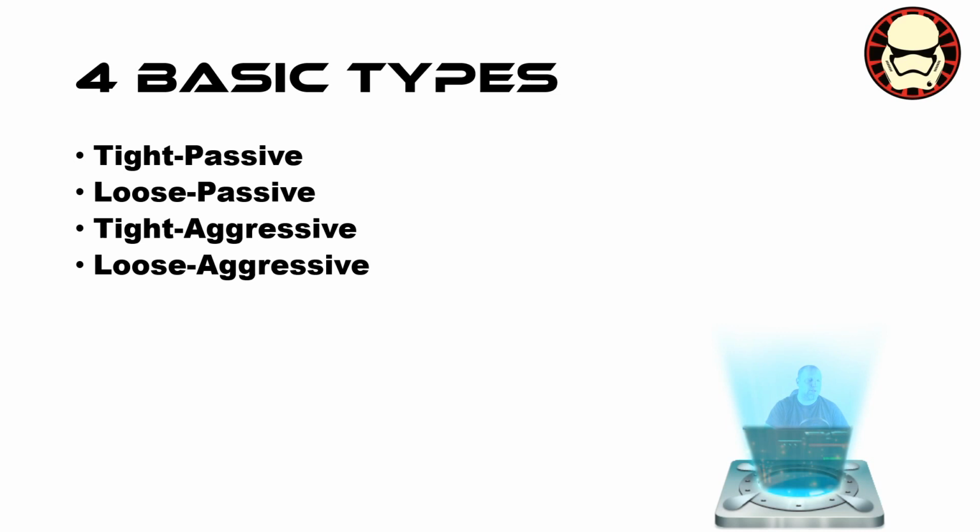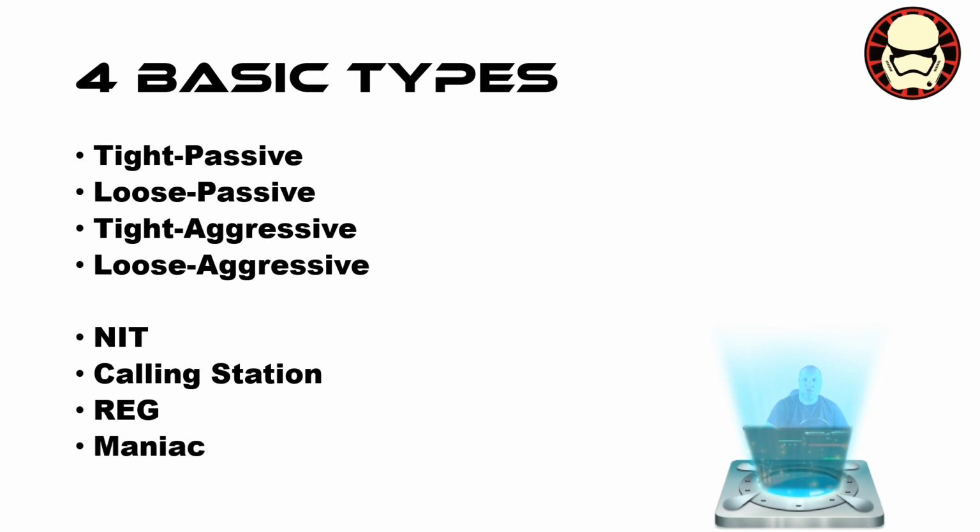And other words for these are: tight passive, often called nit; loose passive, often called calling station; tight aggressive, regular; and then loose aggressive, often referred to as maniac. So we have four different basic types of player.